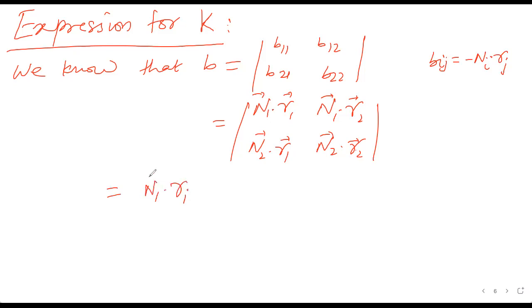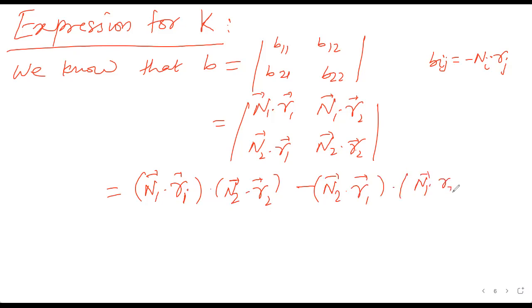n1 dot r1 into n2 dot r2 minus n2 dot r1 into n1 dot r2. इसको अगर आप देखें, it is your vector product of 4 vectors.